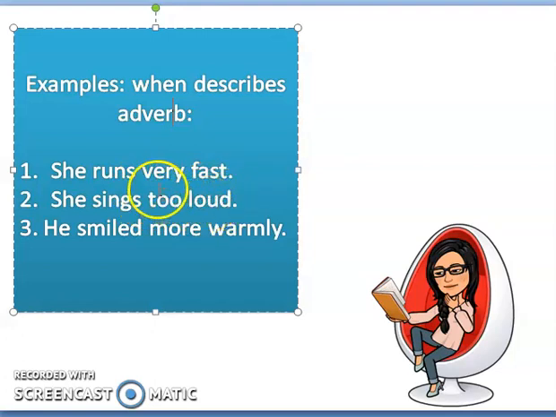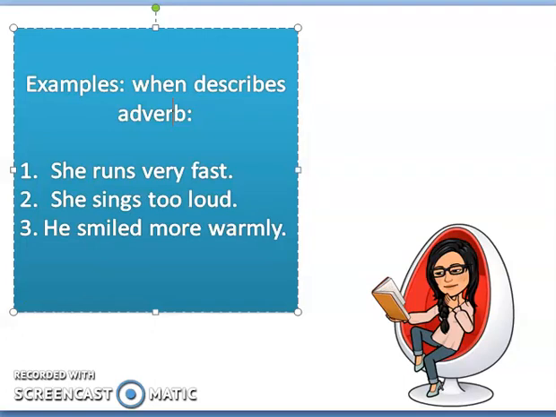Loud is adverb. Too is also adverb. He smiled more warmly. Warmly মানে খুব আন্তরিকতার সাথে হেসেছে, হ্যাঁ। Warmly is adverb, but more is also an adverb. So adverb is describing another adverb. How warmly he smiled? He smiled more warmly.